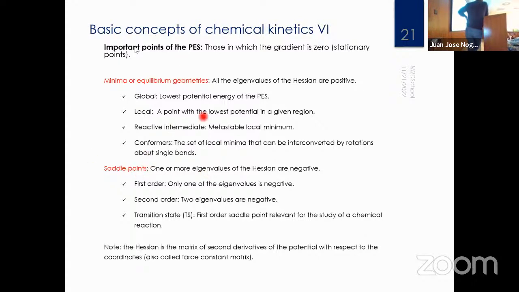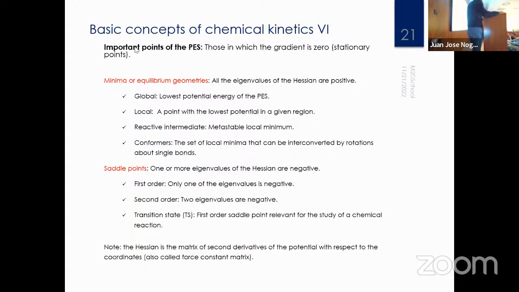Saddle points, well, the way to distinguish them, by the way, from a practical point of view in the calculations, the way to distinguish minima from the transition states is to look at the vibrational frequencies. You have to calculate the Hessian. The Hessian is the second derivative matrix. If you diagonalize the matrix and you get the eigenvalues of the matrix, they have to be all positive.